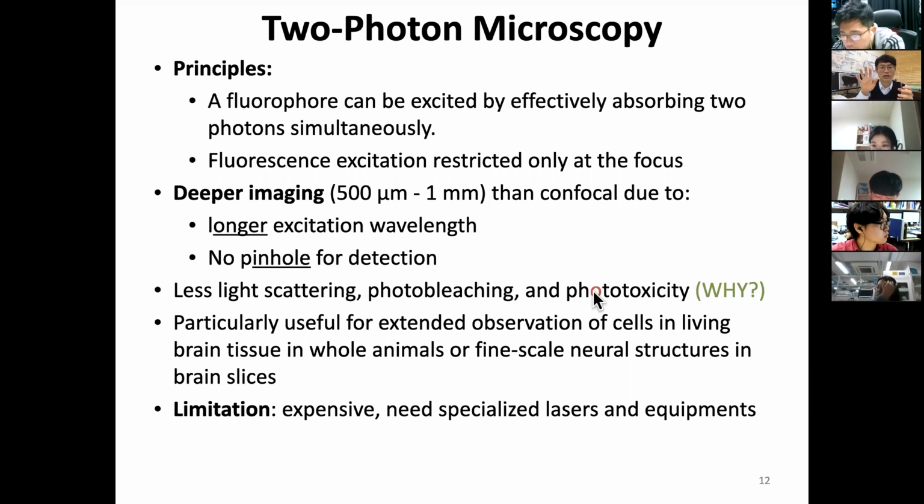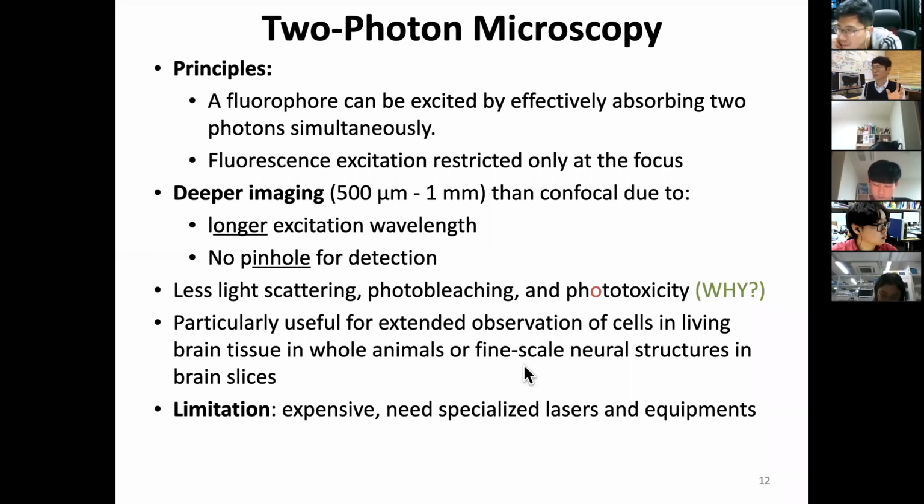Reactive oxygen species, and those are lesser, so less phototoxicity for two-photon. So how can you use this one? This is good for extended observation of cells in living brain tissue in whole animals, or fine-scale neural structures in brain slice. So I hope you understand the distinction between these.